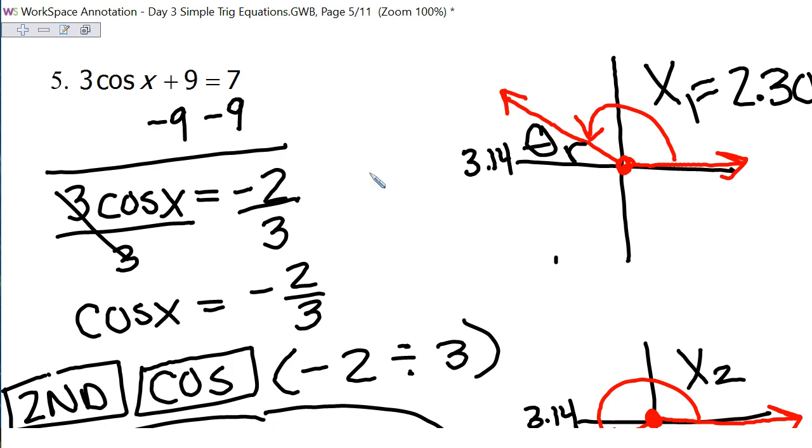Subtract it from pi. So for our reference angle, we need to do pi minus 2.301. And to 3 decimal places, what would that be? I agree, 0.841. So over here, this is 0.841.